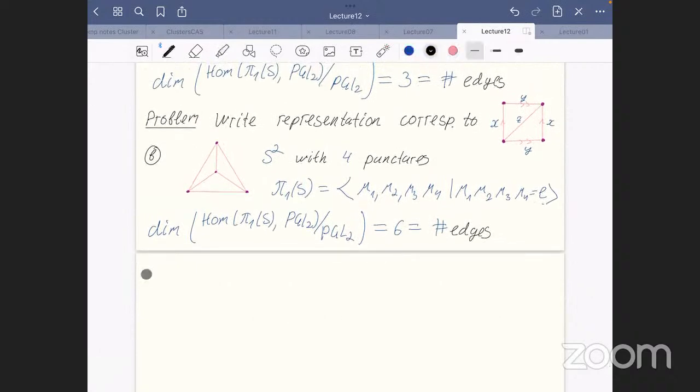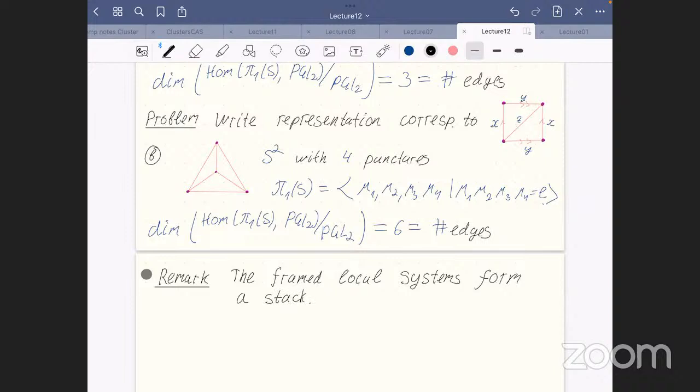Okay, remark. Actually, the space of the framed local systems form not a manifold, but even a stack.